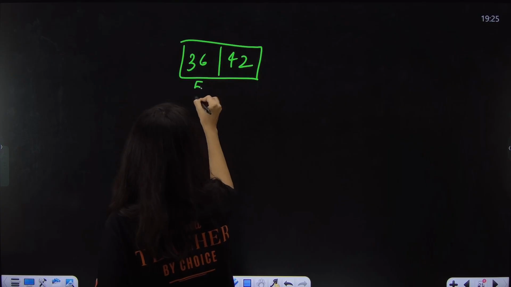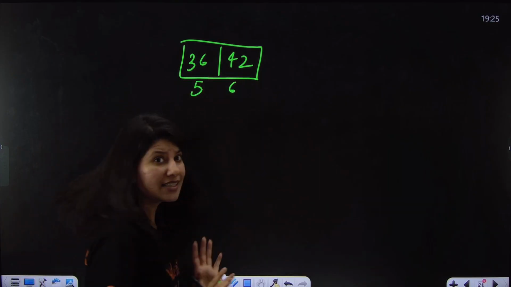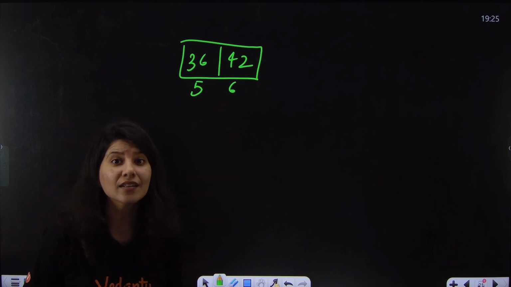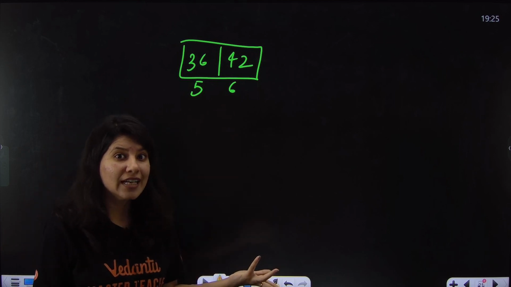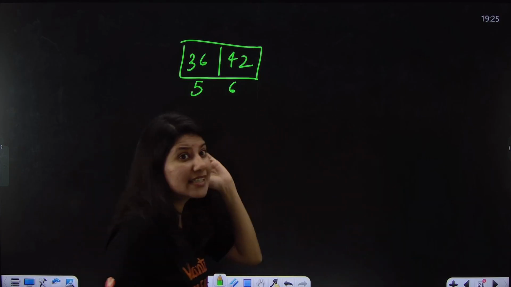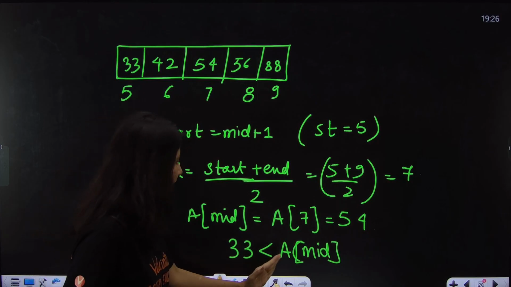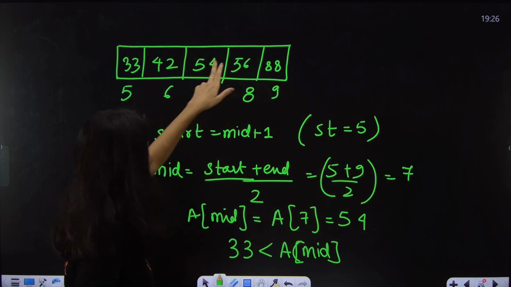Now you just have to search in this, okay? Your starting element is 5, but what about the ending element? The ending element was 9 and is now changed to 6. So basically what did you do? You realize that your mid value is 7, which is 54.